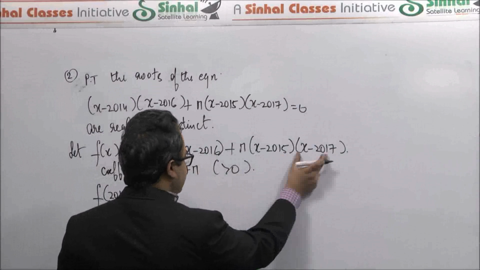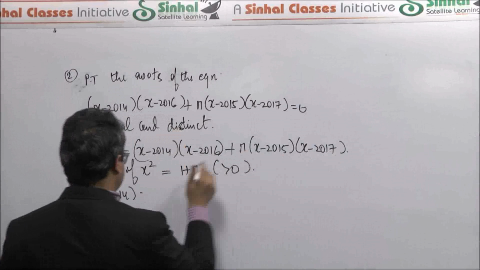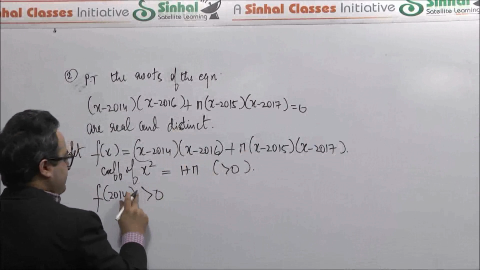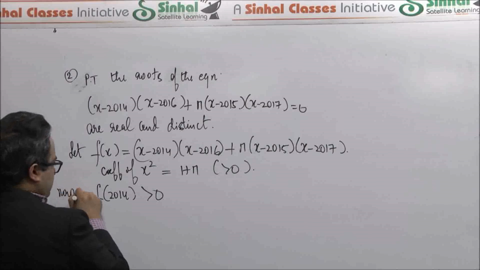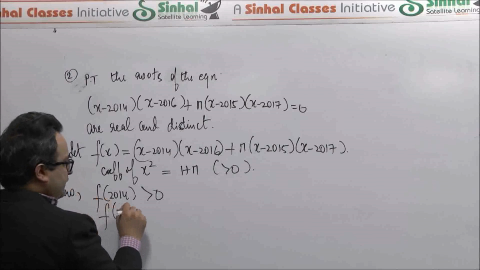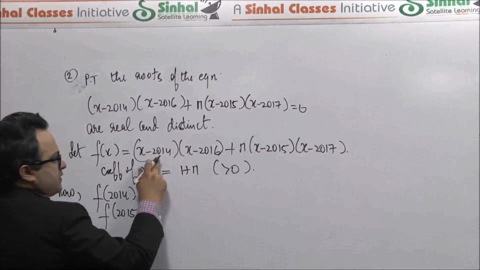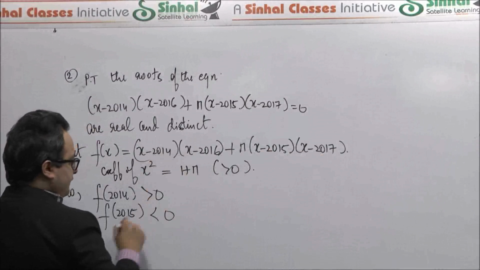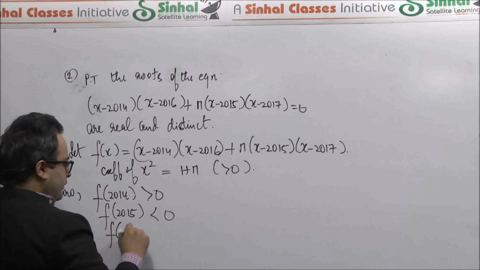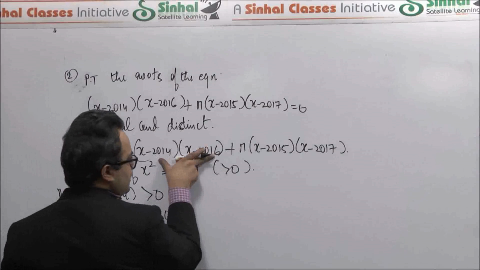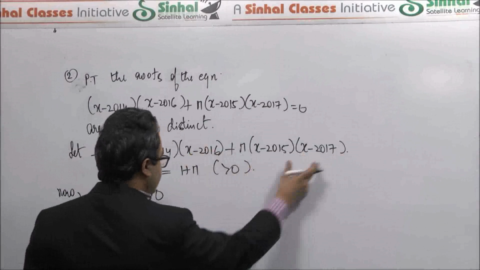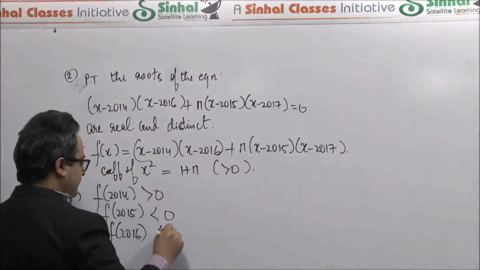This first term is negative, the second term is also negative, so the overall thing is definitely positive. Then if I look at the function value of 2015, this entire term becomes 0. First term positive, second term negative, so it is negative. If I look at the function value at 2016, 0. First term positive, second term negative, pi of course is positive, so negative.